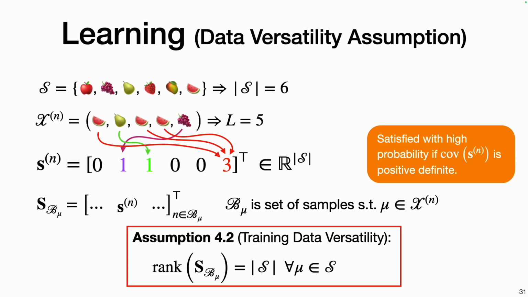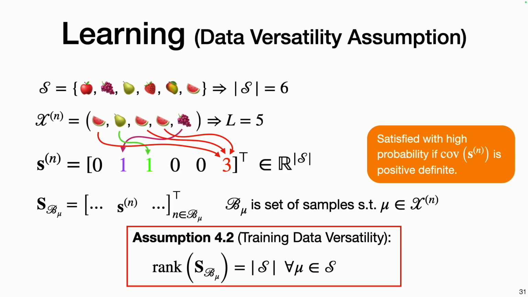For example, if each entity in the X tuples is sampled uniformly from the domain, for instance, for the first entity, you see here watermelon, we sample it uniformly from all the elements in the domain. We do the same thing independently for all the other entities. It is not hard to show that the covariance matrix of S of n is positive definite.